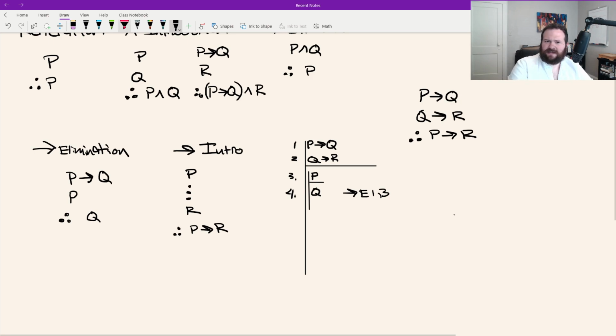So why am I entitled to get Q given that this P is an assumption, right? This is an assumption, so do I actually know it? This is where the vertical bars come in. Notice that P here is still under this vertical bar all the way on the left. That means that I am entitled to use this information, right?